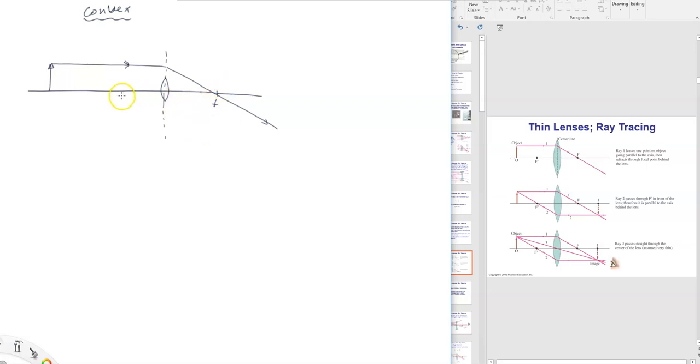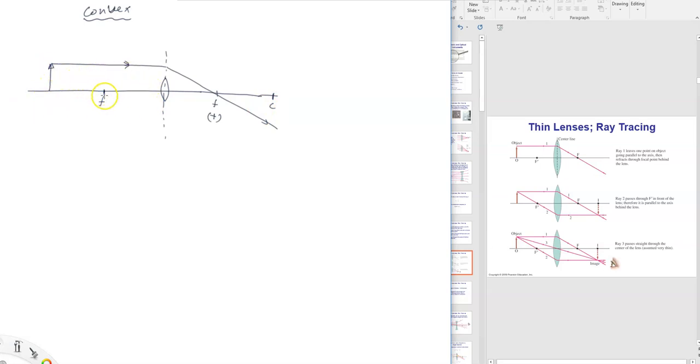We can mark the same focal point, that same distance, on this side. Even though the actual positive side is this one, we mark it on the other side also. It's kind of a standard that we mark the focal point and the point C, the curvature point, the radius point, on both sides.